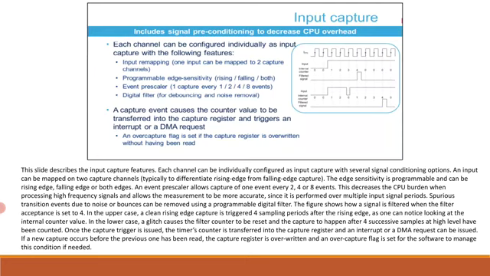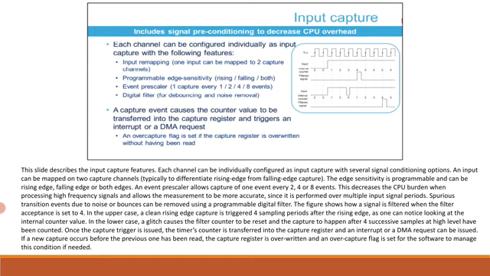The figure shows how the signal is filtered when the filter acceptance is set to 4. In this case, a clean rising edge capture is triggered after 4 sampling periods after the rising edge. You can check in the figure now.